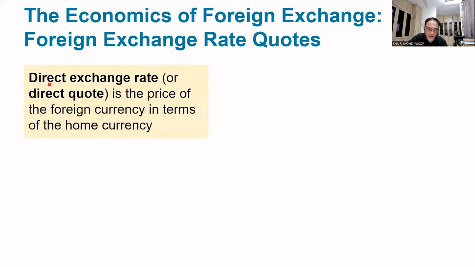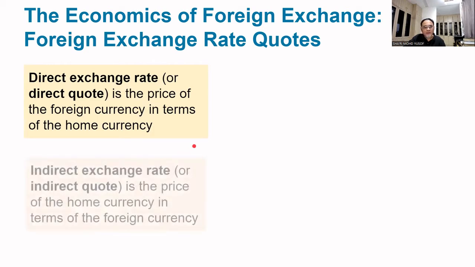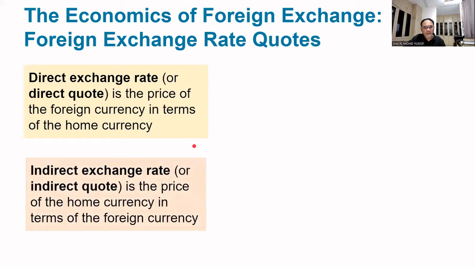One is the direct quote, which is the price of the foreign currency in terms of the home currency. It's a bit confusing, but I think you're aware of this. And there is also the indirect quote, which is the price of the home currency in terms of the foreign currency.